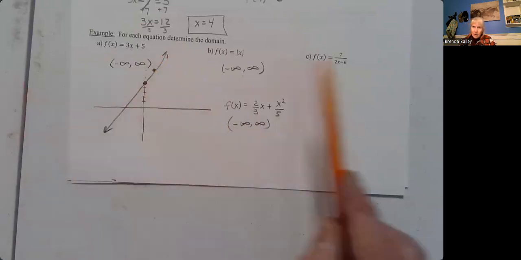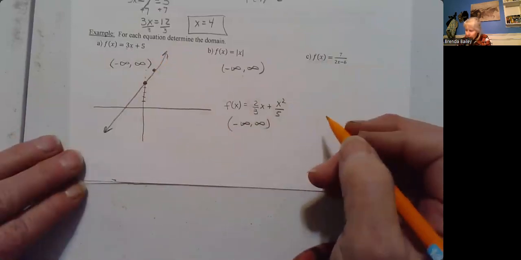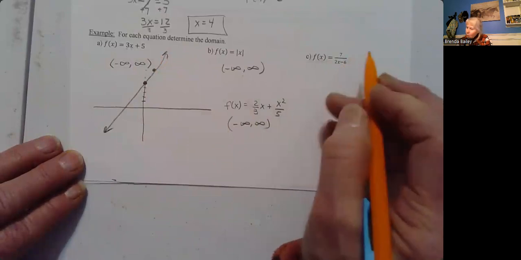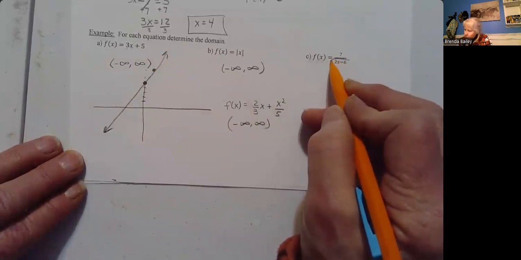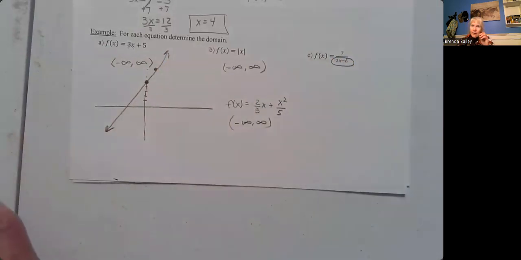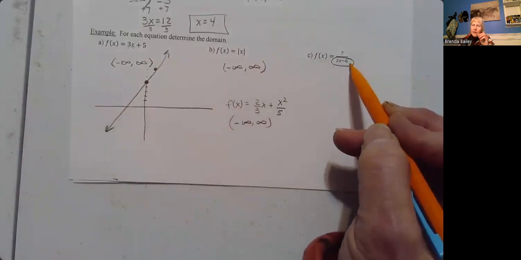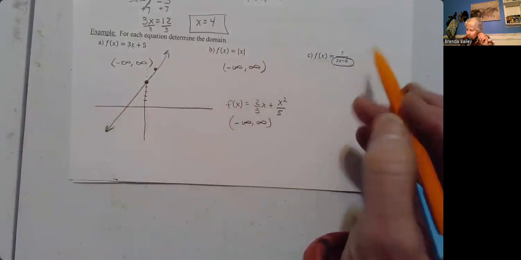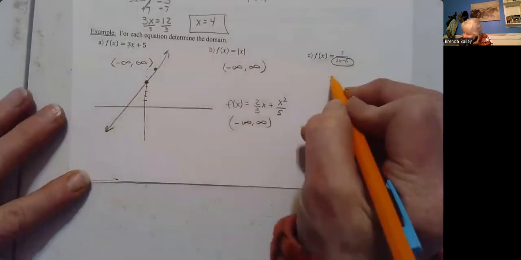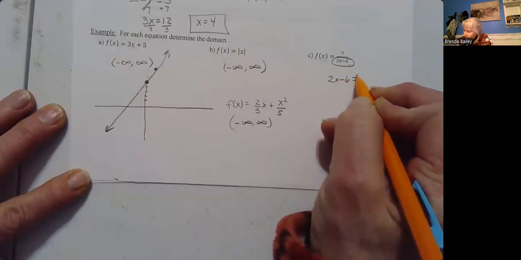But if you have a fraction, then we know in mathematics that you cannot have a 0 in the denominator. When you're looking at domains, you look at the denominator only. We're not interested in the numerator up here. 2x minus 6 cannot equal 0.